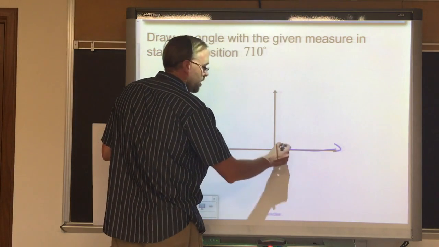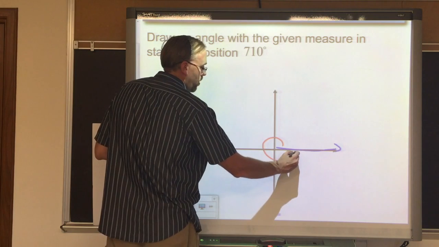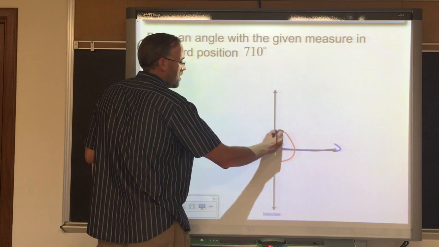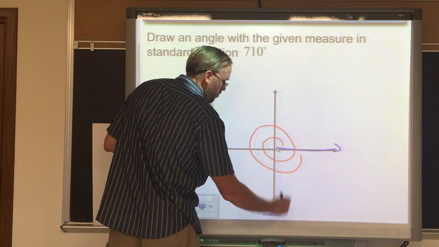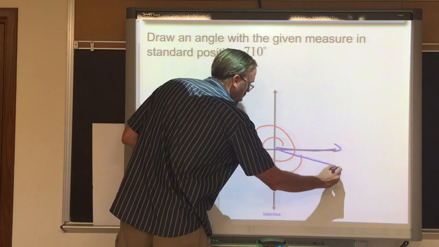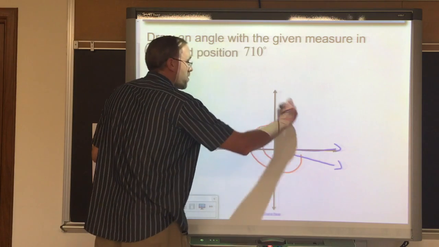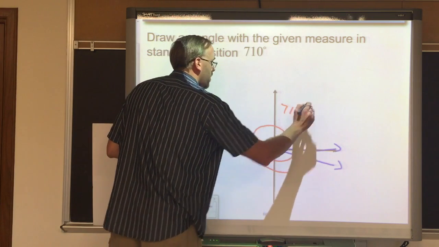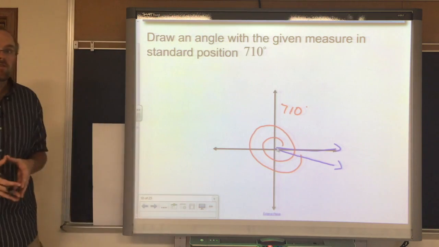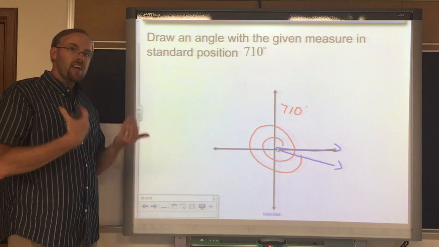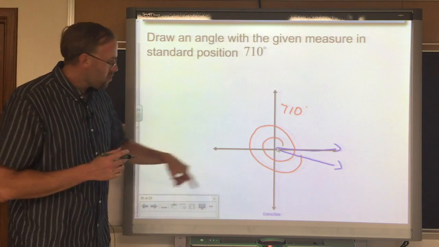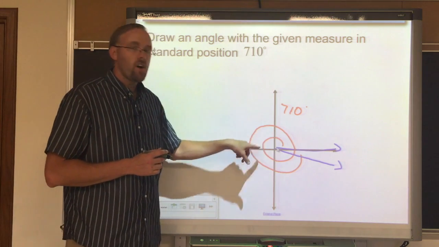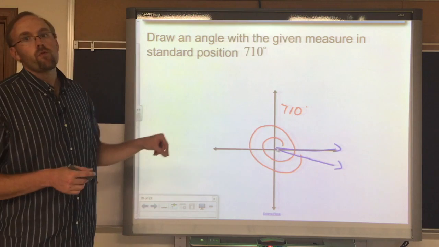So what's happening with this angle is we're going around once, that's 360, and we're going around almost to 720 and stopping just short. And so this is 710 degrees. So angles can be bigger than 360. It can go past a full rotation. And this is why we draw our little spiral, our arc, to tell us how many times we're rotating.